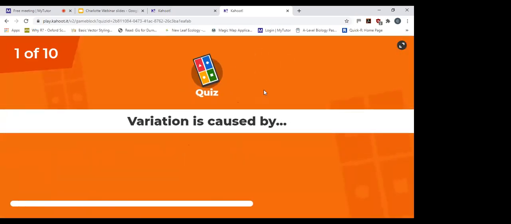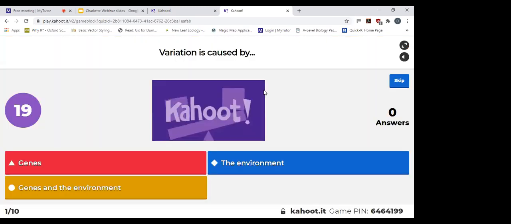Okay. First question, variation is caused by A, genes, B, the environment, C, genes and the environment. You have 10 seconds to pick your answer. Okay, well done.